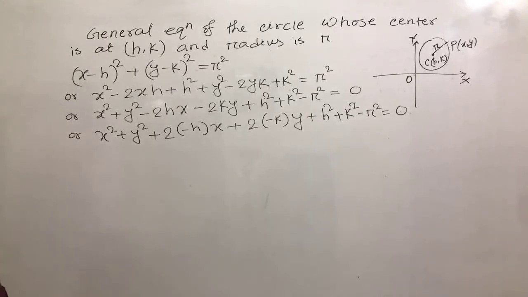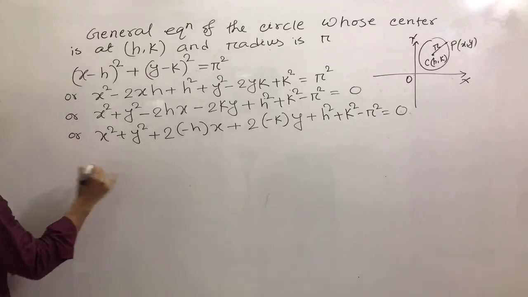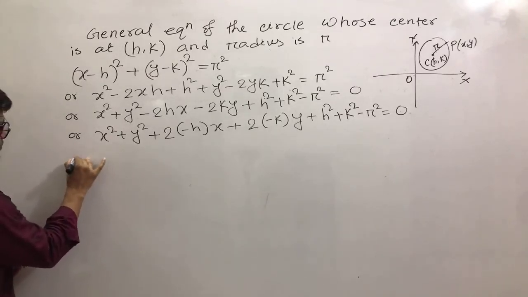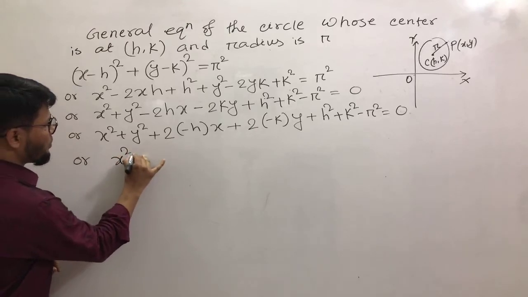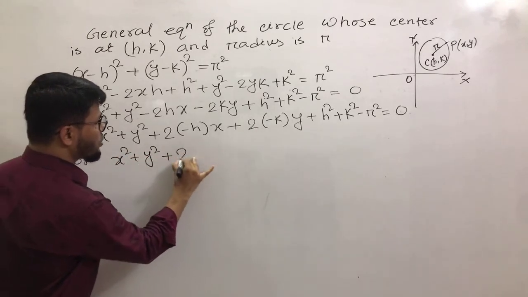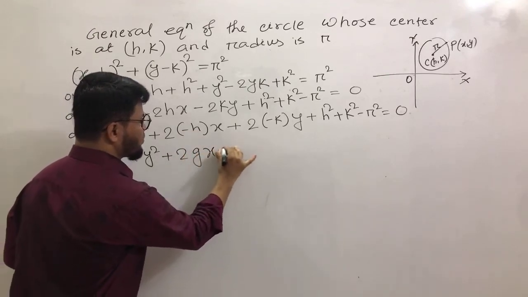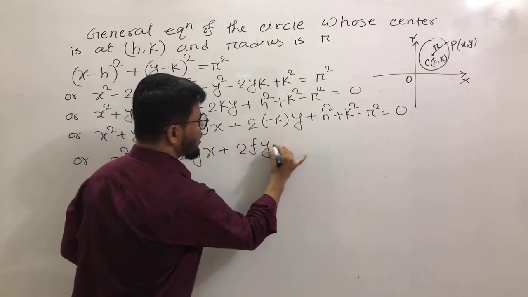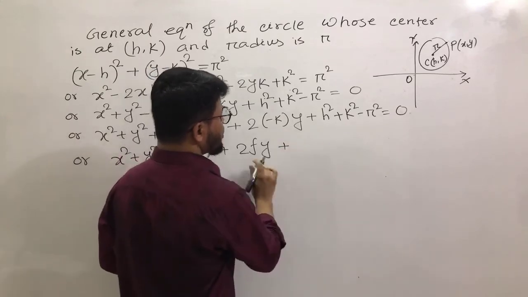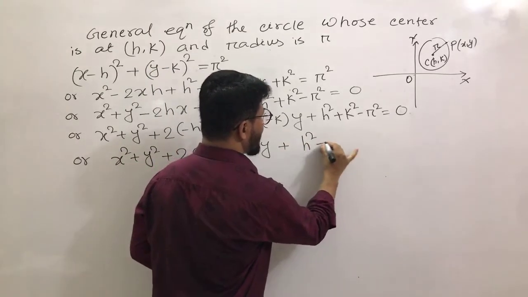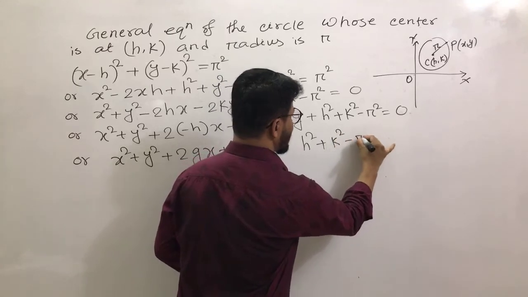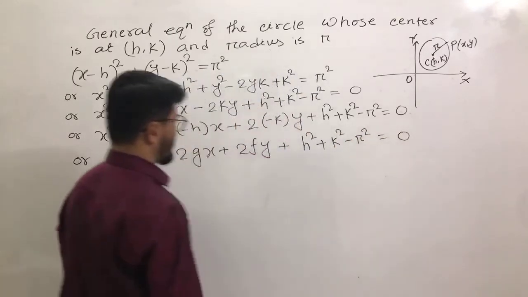Now, if we consider here minus h equals g, x square plus y square plus 2gx plus 2fy plus h square plus k square minus r square equals 0.